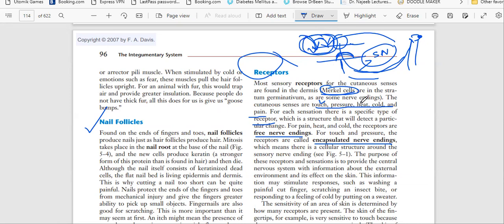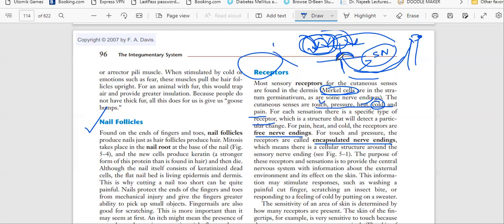Then we have heat. Whenever you put your hand in hot water, you will feel hotness. Cold: whenever you touch a cold drink, you will feel coldness. And pain: if this fly bites you, you will feel pain.